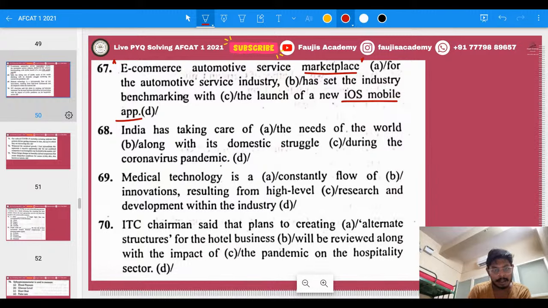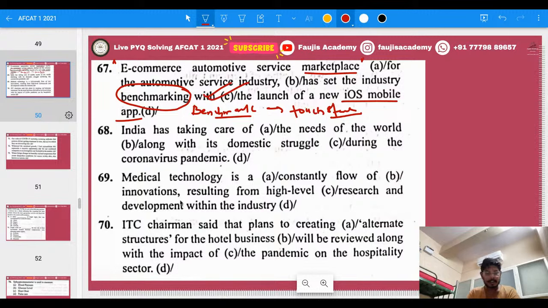Not industry benchmarking, industry benchmark, or the touchstone. So the error is in option C. It has set the industry benchmark, not benchmarking.